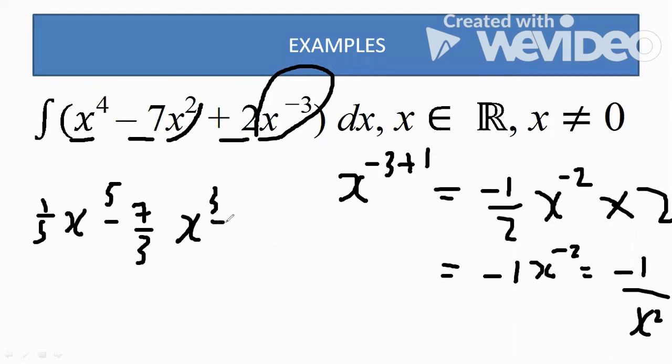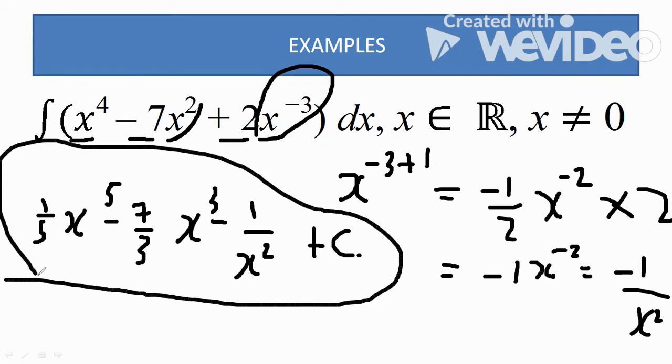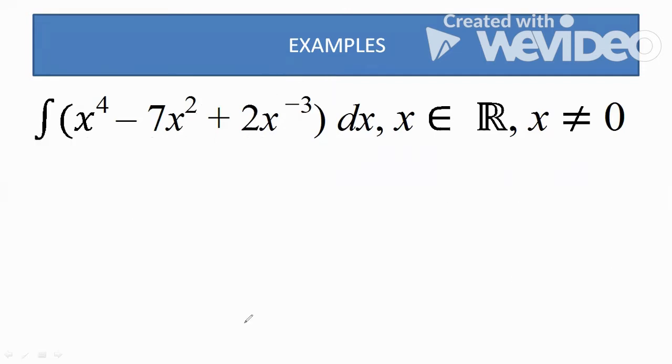We have negative 1 over x squared plus c. So this is our final answer. Okay, moving on to the next question.